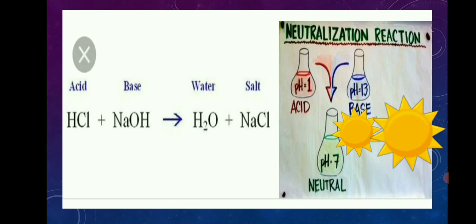Along with that, there is one more reaction, that is neutralization reaction. It is a reaction in which an acid reacts with a base and gives us water and a salt.